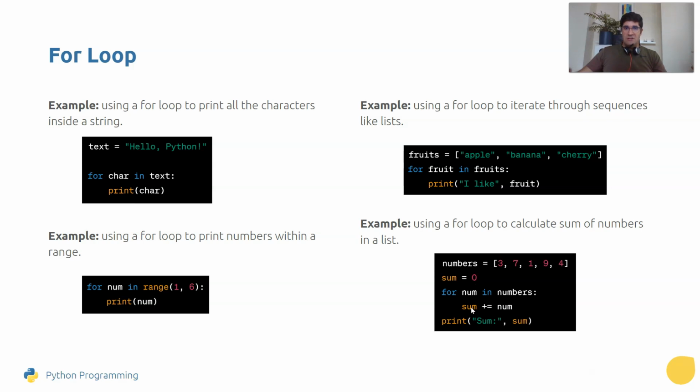It will put the 3 inside the sum, and then it will go up and assign the 7 to the num, and then 7 plus 3, because sum was 3, so it will be 10, and it will put 10 inside the sum, and then it will go up and assign 1 to the num, and then add 1 to the 10, and it will be 11, and assign the 11 to the sum, and it will continue the whole process to calculate the sum of those numbers.